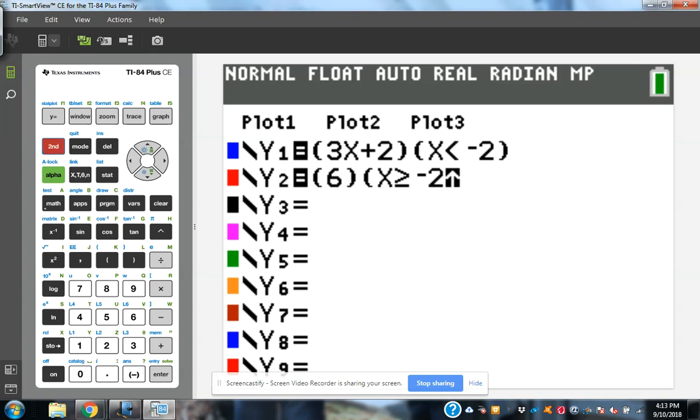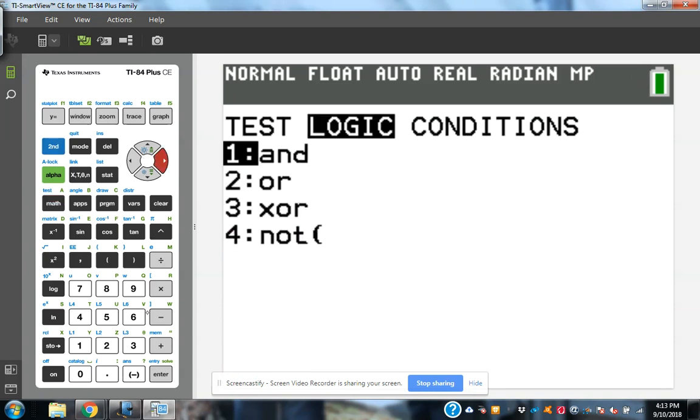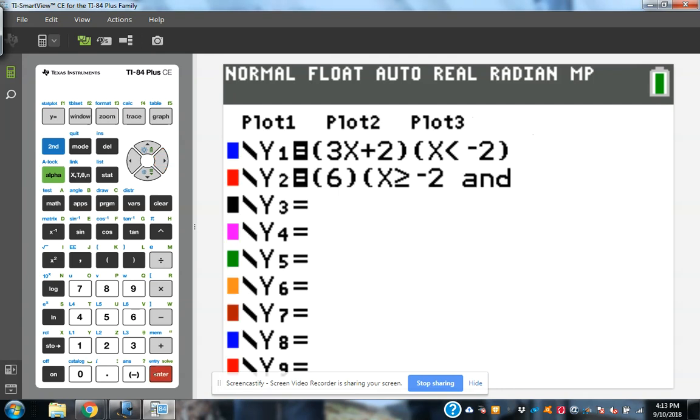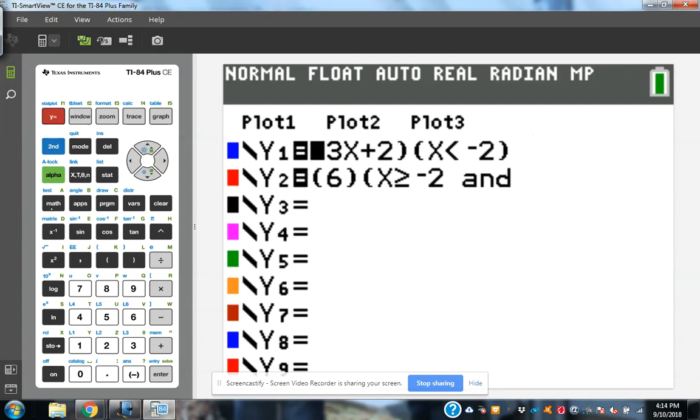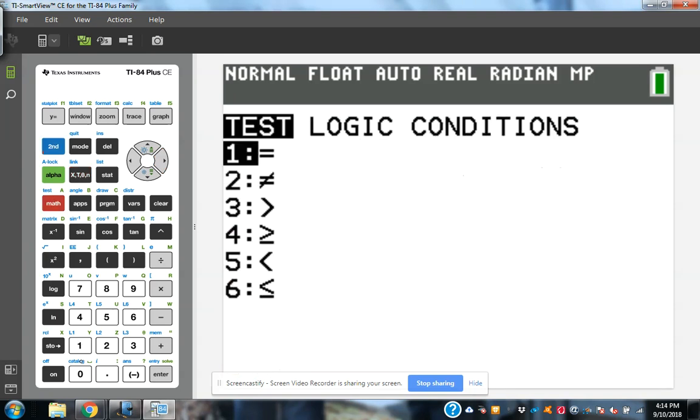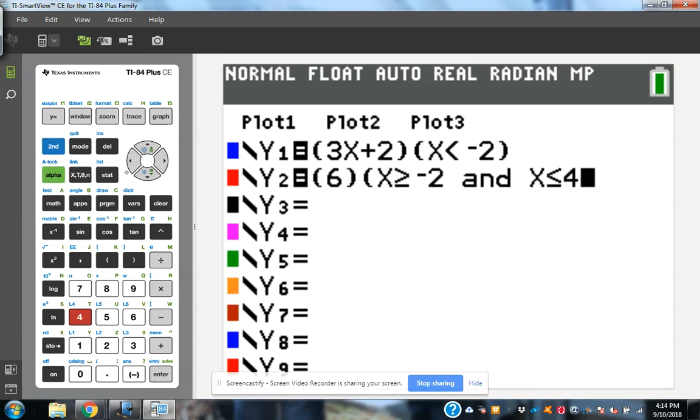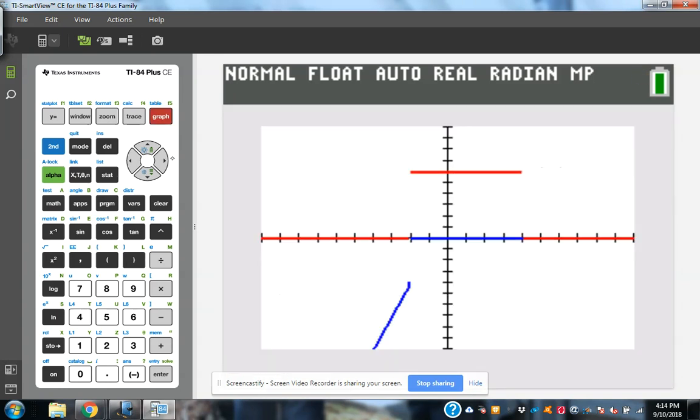And then I'm going to hit second math, go over to logic to get "and". Then put in the rest of that: x is less than or equal to 4. X, second math, less than or equal to is 6, 4. Close those parentheses. All right.